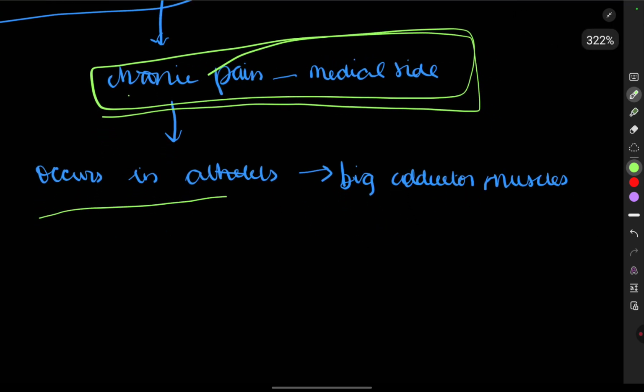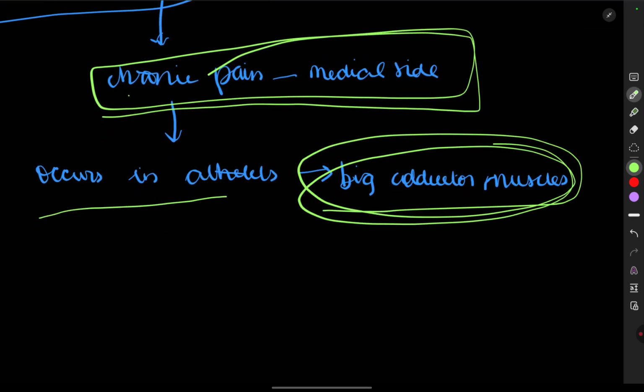It occurs in athletes because their muscles are big. They work on their muscles, so the muscle fibers tear, and when they take high protein intake, the protein goes and repairs the muscle.